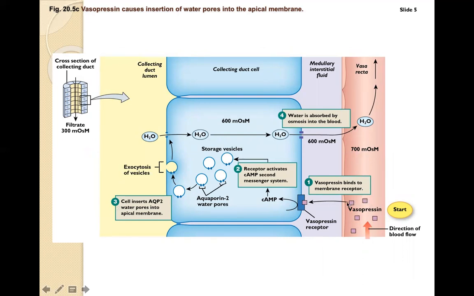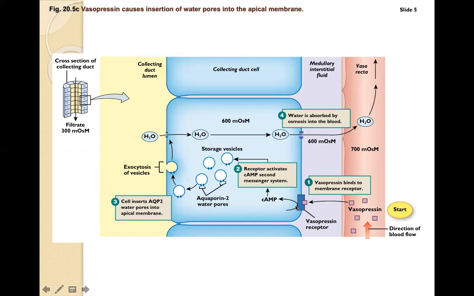Vasopressin is going to bind to a membrane receptor on the collecting duct cell, and this is going to signal a response inside of the cell. This is called a second messenger response. This hormone cannot enter the cell, so it just gives the message to something that can tell the cell what to do.